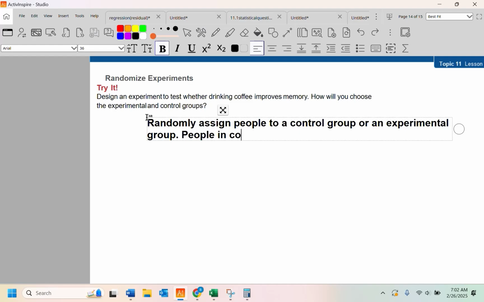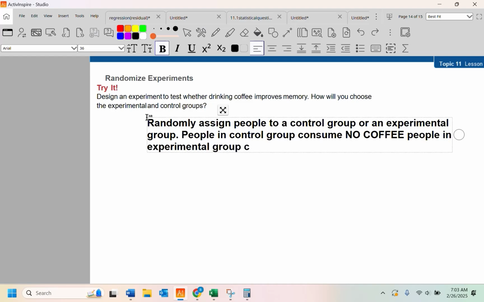People in the control group consume no caffeine. I would not want to be in there. Sorry, no coffee. And people in the experimental group consume coffee.